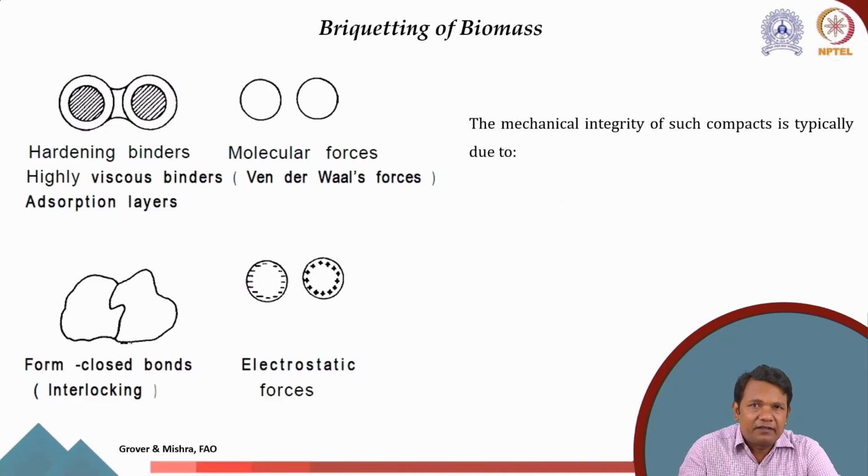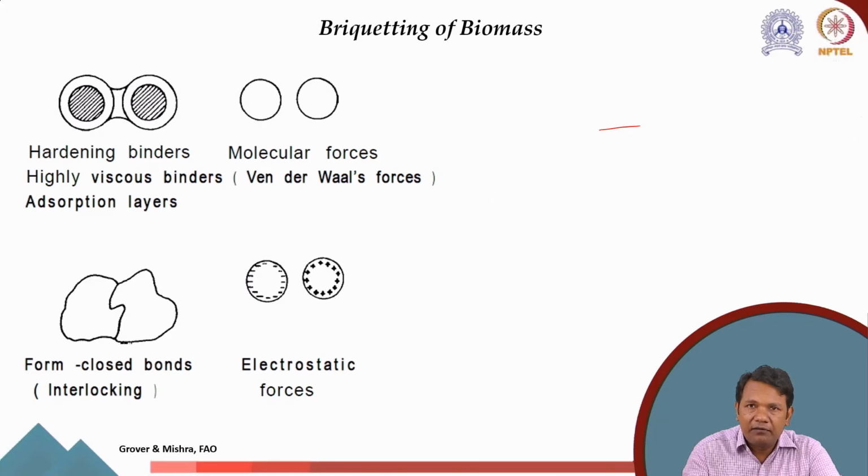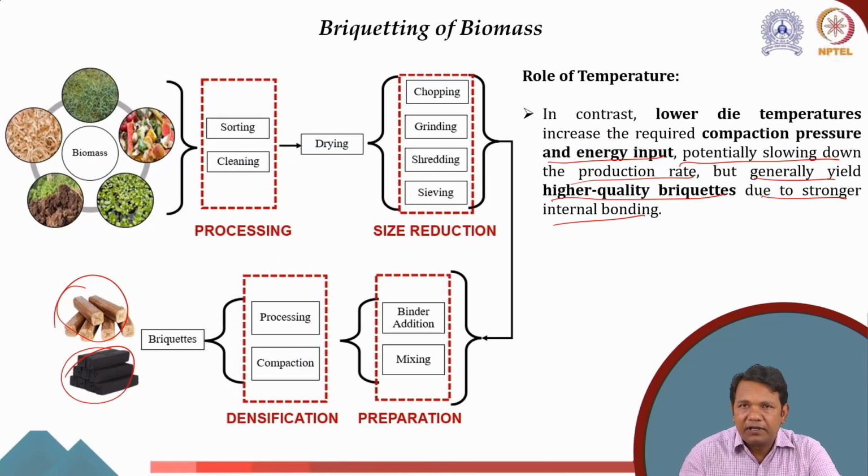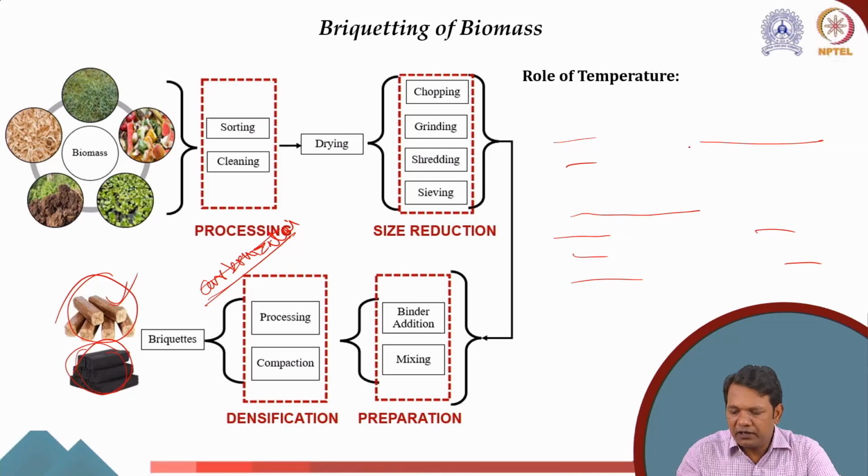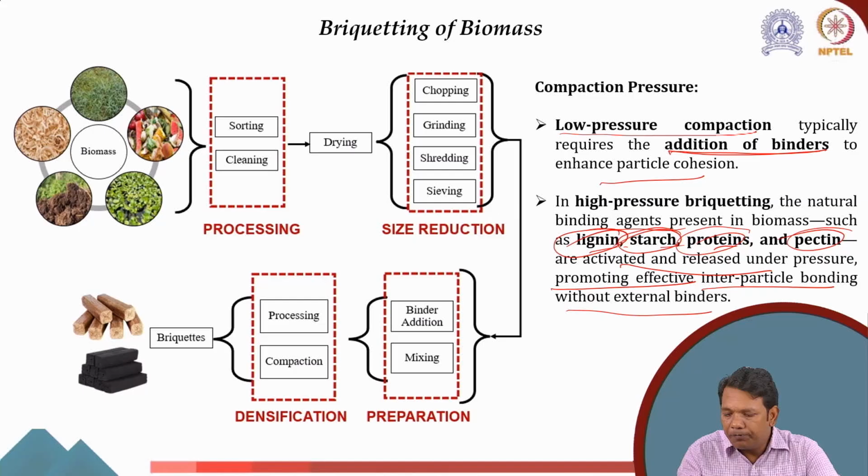But in most cases you will require binders, and the mechanical integrity of such compacts, where you are not using a binder, is typically due to van der Waals forces. So in low pressure compaction, the addition of binder is necessary, while for high pressure the binder is not required.